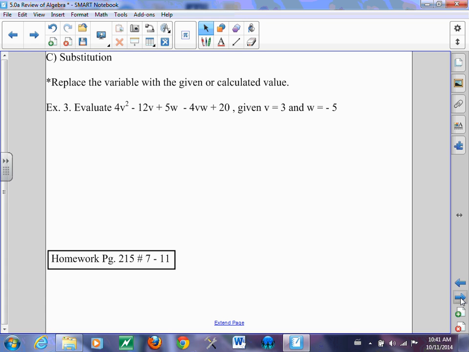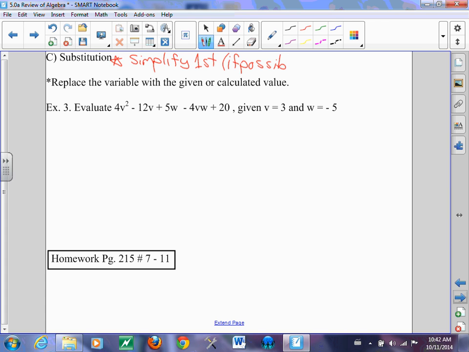The one thing I want to write in here, folks, is if possible, simplify first. When you do substitution, you always want to simplify first, if possible. And in this case, it's not possible in ours.